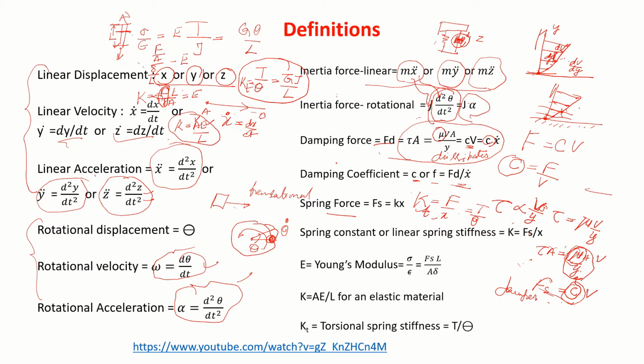So you understood what is torsional stiffness. We call it a spring constant and all that. Already I told you K is equal to AE by L and KT is equal to T by theta, that is nothing but GJ by L.